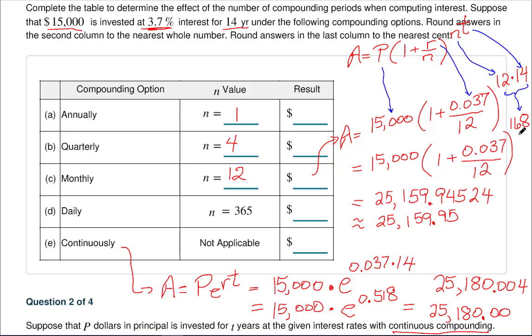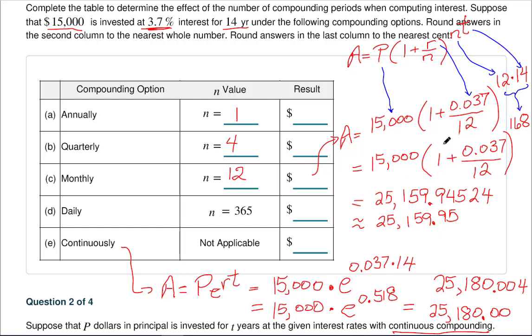Now, it may or may not need an equal to calculate it. And then finally you multiply that by the 15,000 and hit equals or enter. So again, to do this ugly calculation, start here on the inside. Do this division, plus 1 equals y to the x, 168, multiply by 15,000, and then press equals.